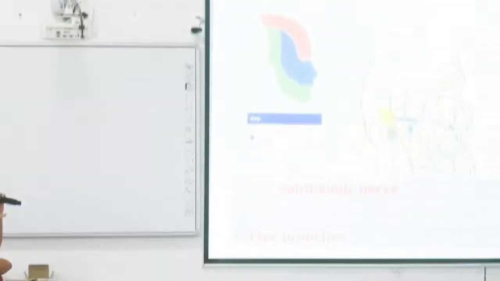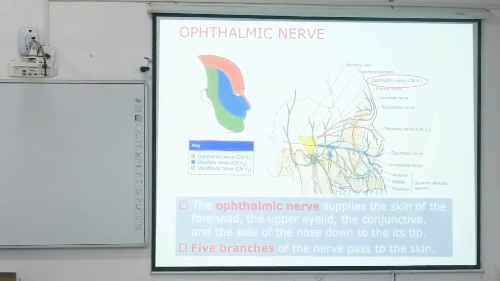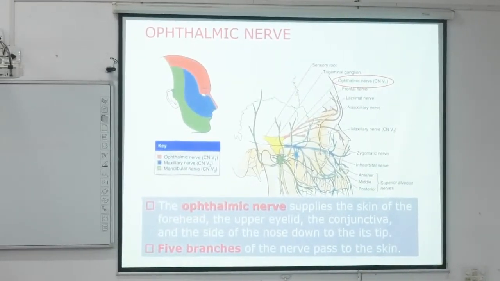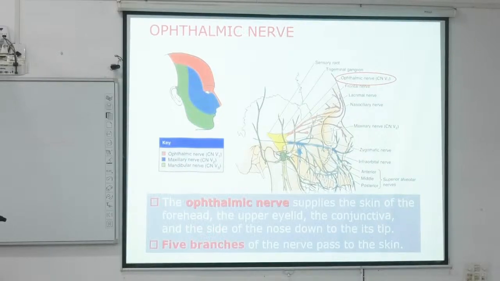So this is the area of distribution: the red colored area is supplied by the ophthalmic nerve. You practice a schematic diagram like this. The blue colored area is supplied by the maxillary division, and the green colored area is supplied by the mandibular division. And these are the branches.